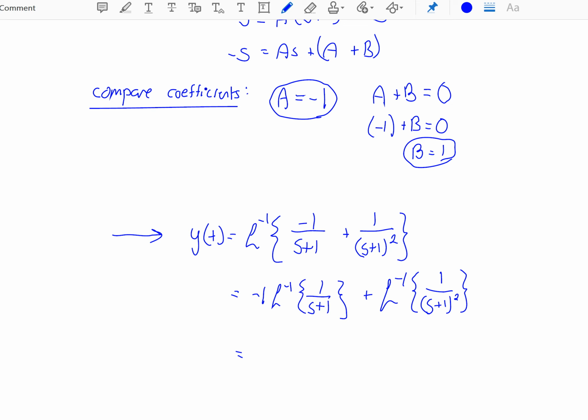Now, reviewing your table of Laplace transforms, the inverse Laplace of 1 over s plus 1, well, that's e to the negative t. And the inverse Laplace of 1 over s plus 1 squared, there's different ways you can obtain this from your Laplace table, but you should come up with t e to the negative t.